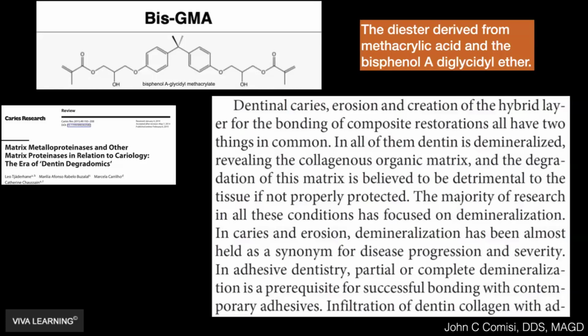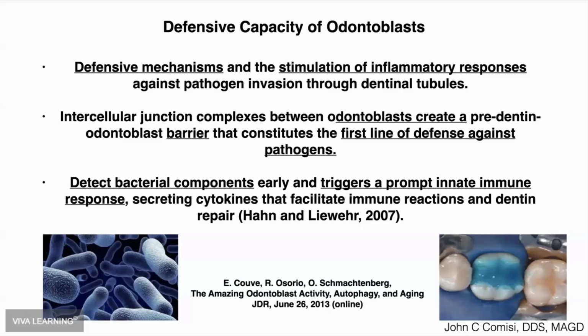Because we've just been talking about the acid attack that the tooth is trying to prevent from occurring in the carious process. And this wonderful article from several years ago, Amazing Odontoblast Activity, Autophagy, and Aging, talks about the defensive mechanism of the odontoblast and the tooth, which we've described just a little bit ago, going on.